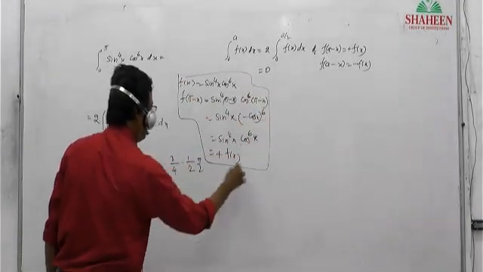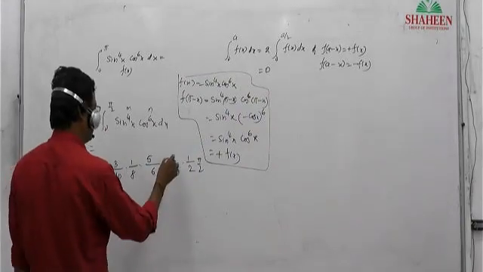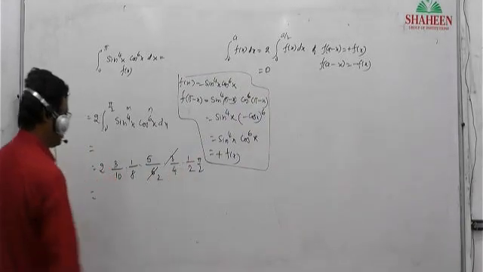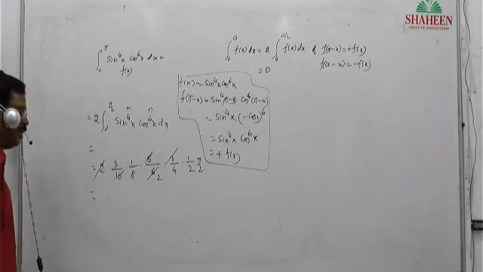Able to follow all of you? Any doubt coming? Now, 3, 2 times. Is it okay? 2 into 4, 10. Okay?